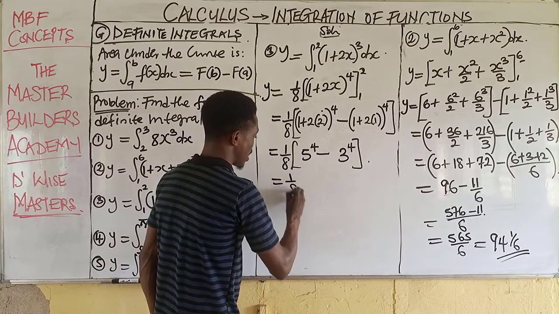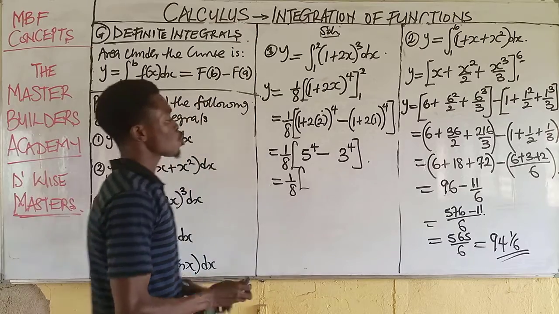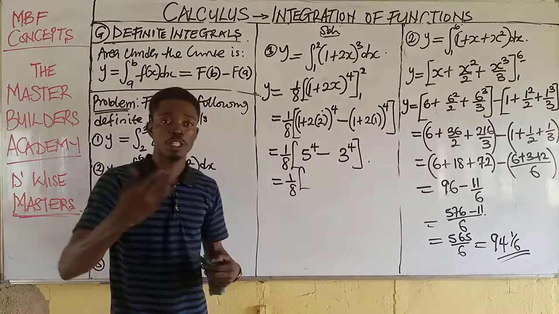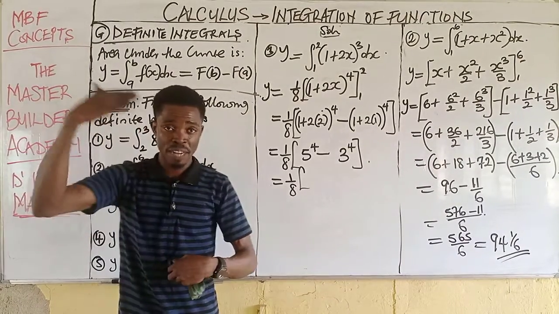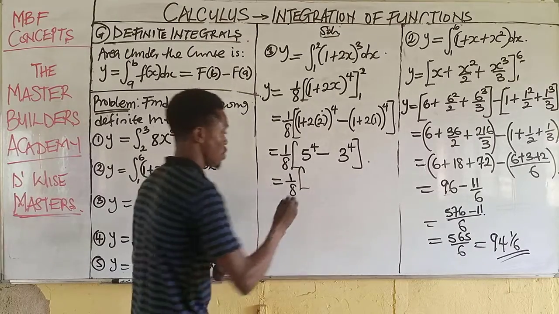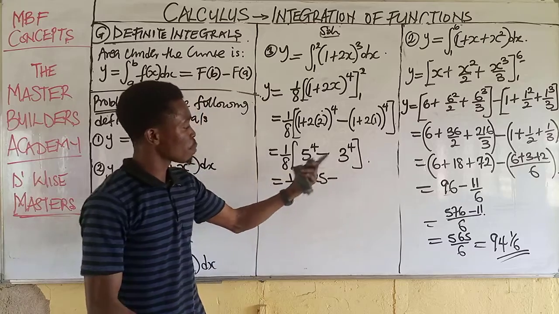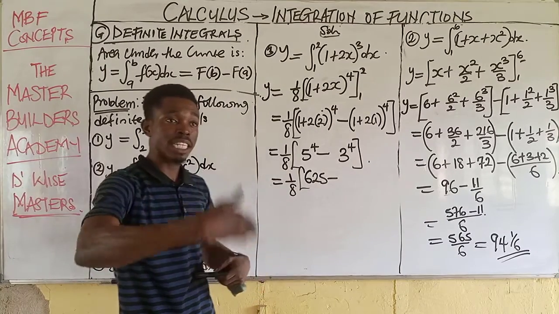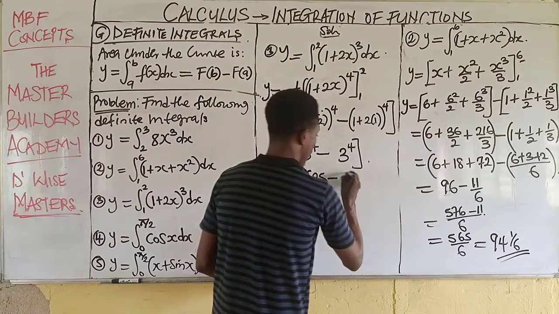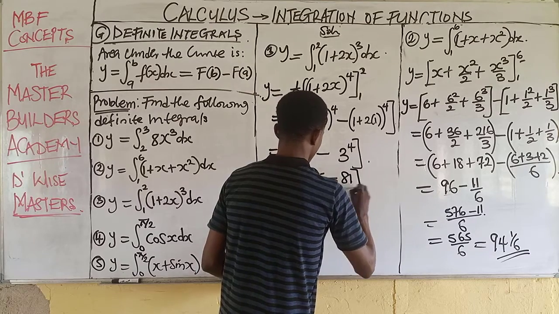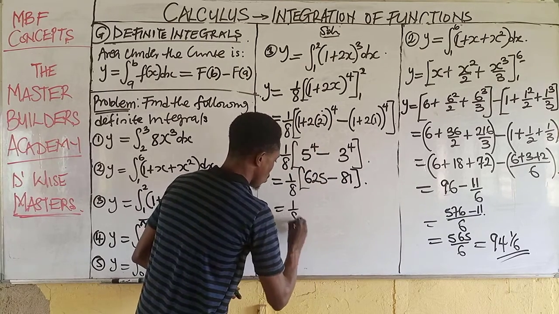This is 1 over 8. Now 5 raised to the power of 4 is 5 multiplied by 5, multiplied by 5, multiplied by 5, and this will give us 625. And 3 raised to the power of 4 is 3 multiplied by 3 in 4 places, then we have this as 81. Now we have 1 over 8.